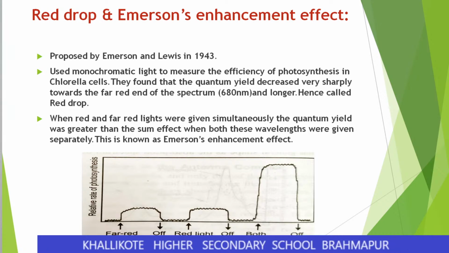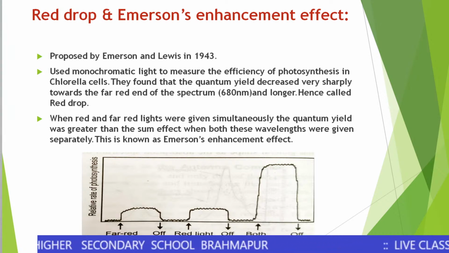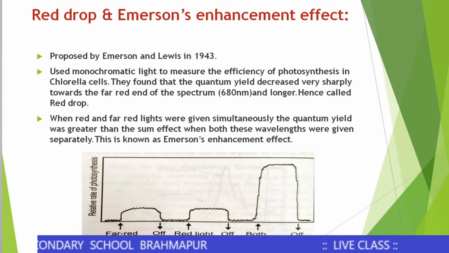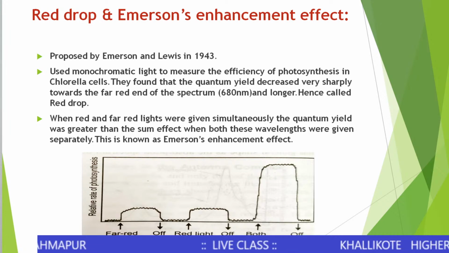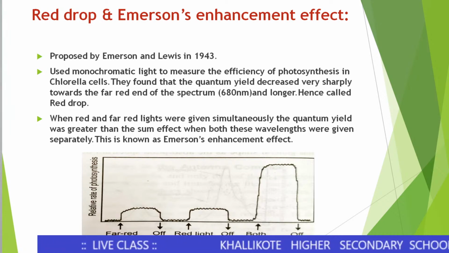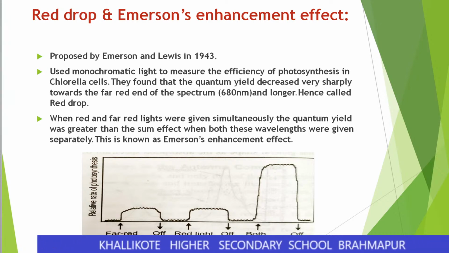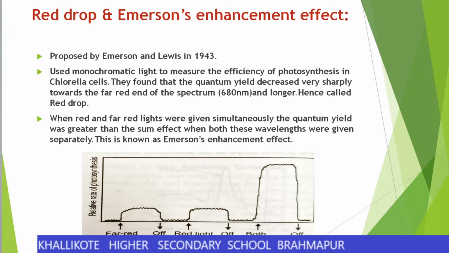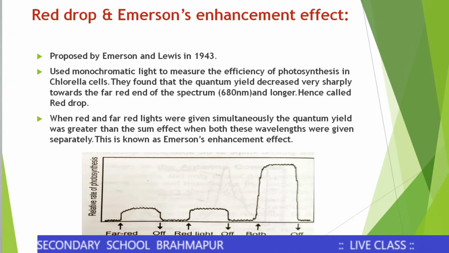This type of enhancement or increase in the rate of photosynthesis was named as Emerson's enhancement effect. It gave a better understanding of how the pigments were distributed in the thylakoid membrane of the chloroplast, that is, how the pigment systems are organized.